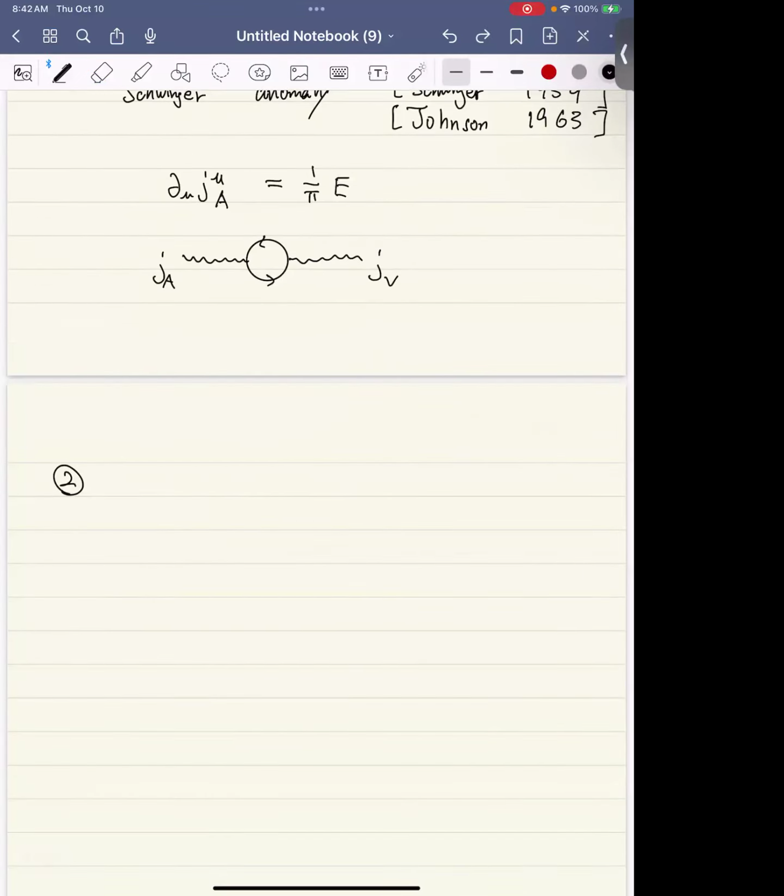Now, there's also a fingerprint of this anomaly in the free Dirac fermion. In modern terminology, we call it the 't Hooft anomaly.